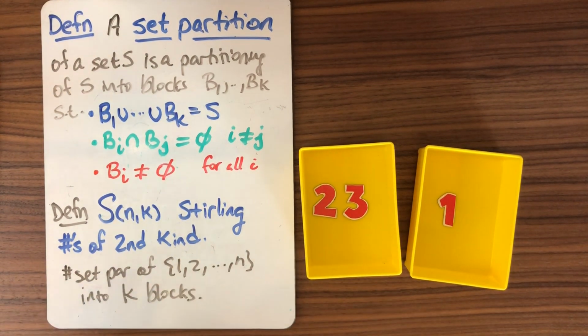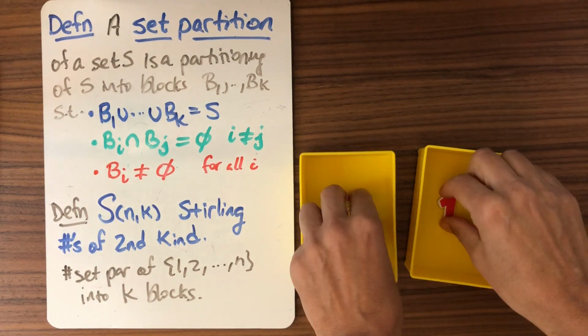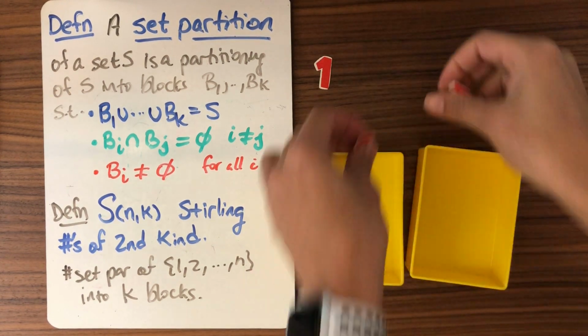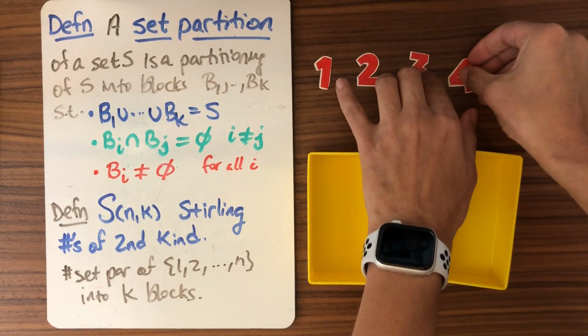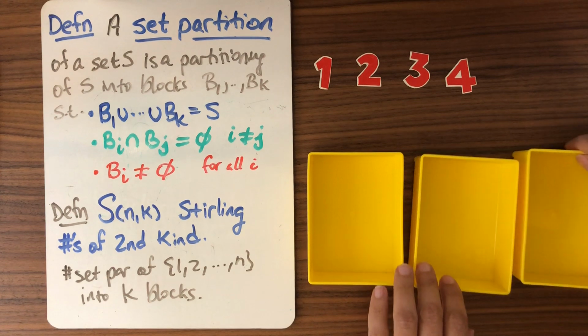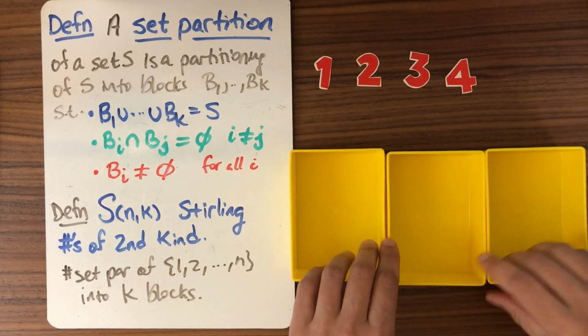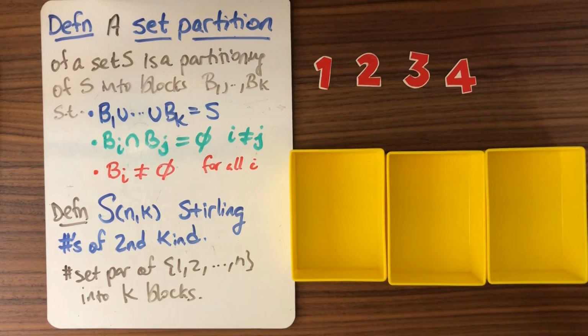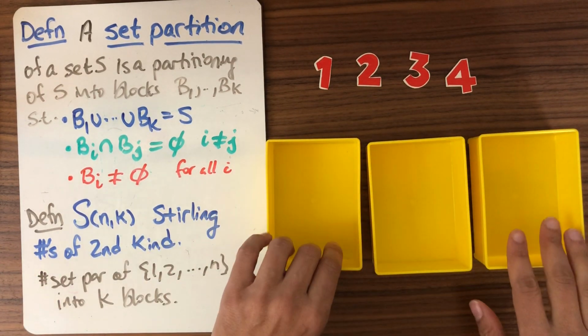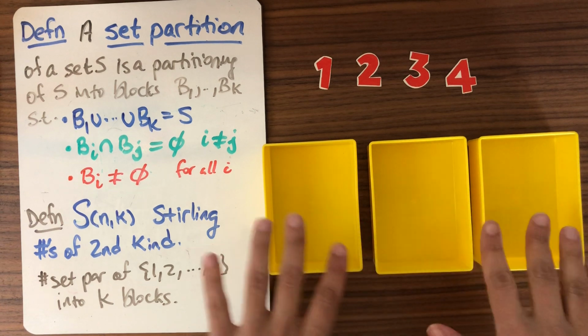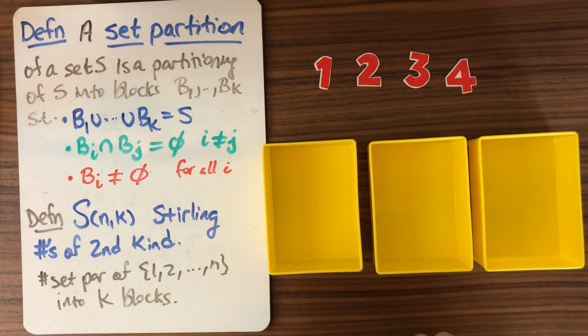So we saw in this case that we get a nice answer. And in fact, we can think about, okay, well, what if we had 4 numbers? So let's do this. Let's try to figure out what is S(4, 3). How can we do this? And let's think systematically, okay? Well, no box is going to be empty, right? So how many different ways can I distribute my numbers into these boxes?